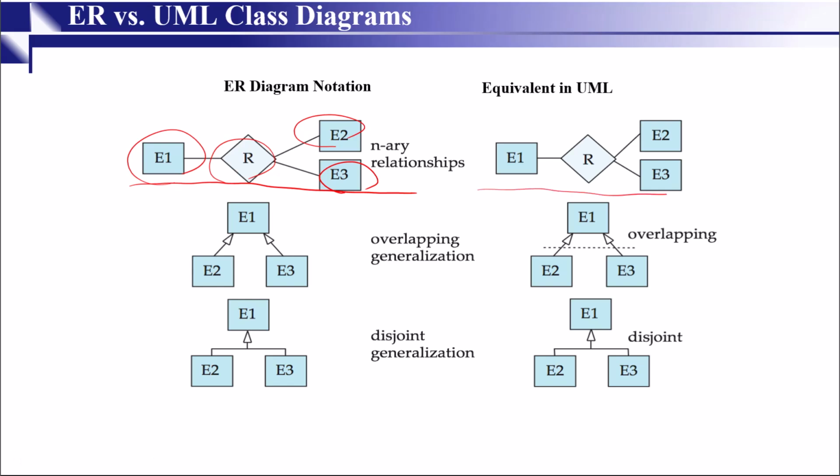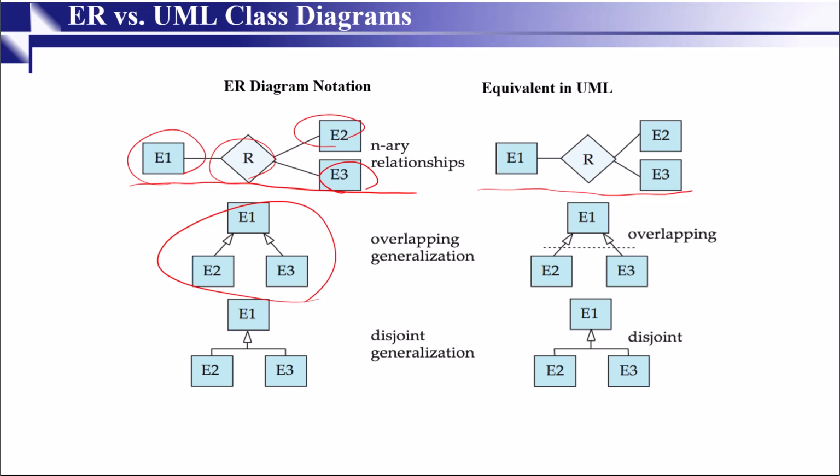And the same thing here, the same n-ary relationship R is represented as a diamond shape associated with E1, E2, and E3. Here also, for overlapping generalization, generalization is depicted with a triangle connecting a parent entity like E1 to children E2 and E3.